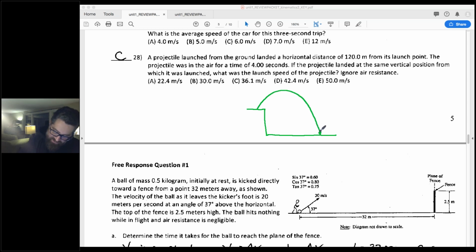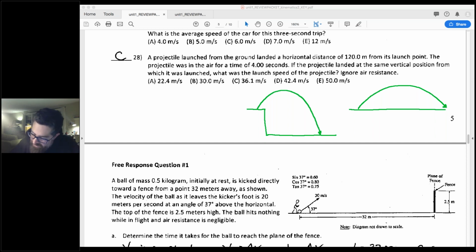And we found that an angle less than 45 degrees would yield a better result. But if we're dealing with a horizontal range, then 45 degrees, not some random angle between 0 and 45, 45 specifically gives us the longest range.